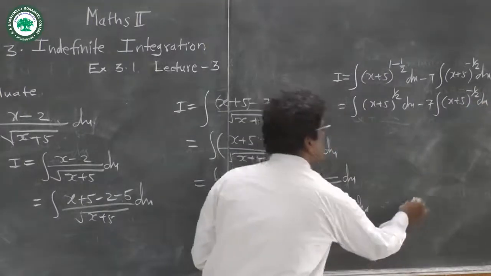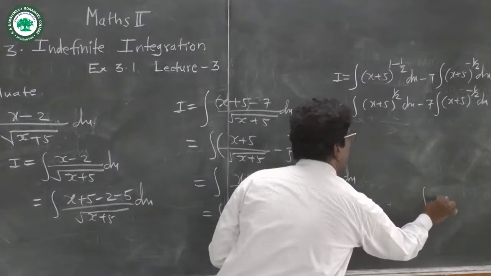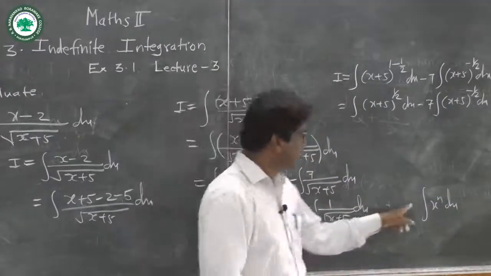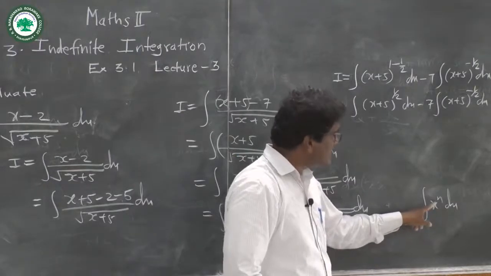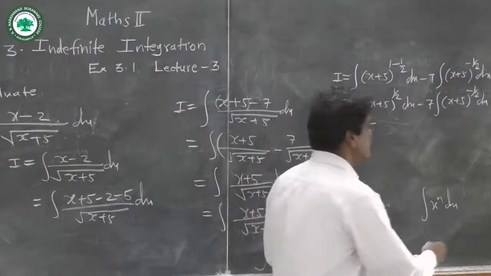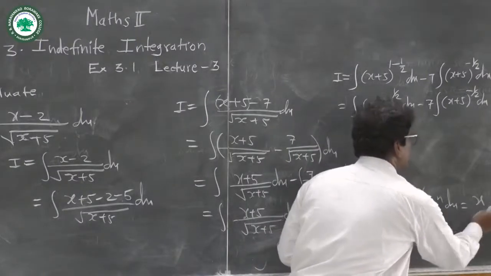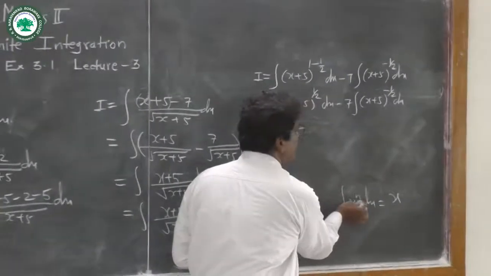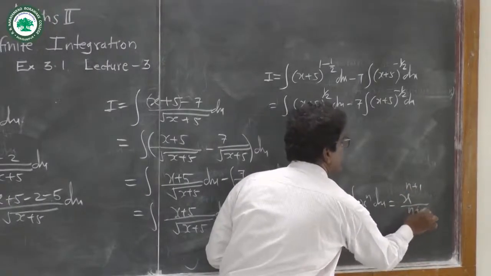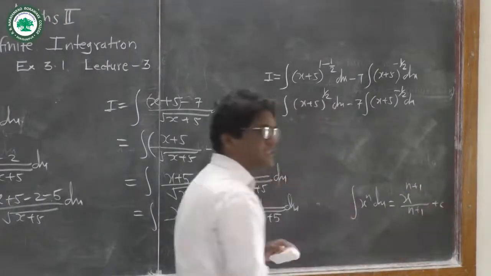Since we know the formula, integration of x to the power n dx, the integration of a power function: we increase the power of x by 1 and divide by the same number. That is, it is equal to x to the power n plus 1, divided by the same number n plus 1, plus the constant of integration.